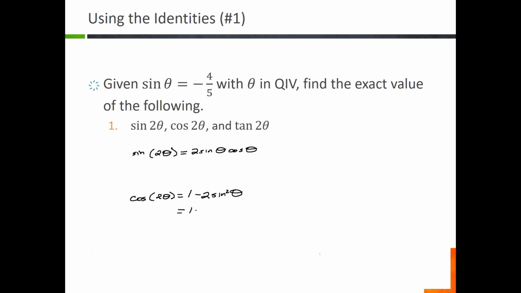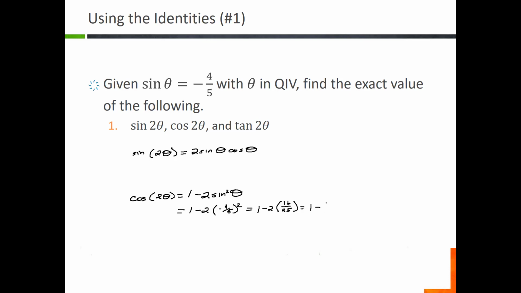We're going to have 1 minus 2 times, well, we know sine is a negative 4/5, and that has to be squared. So that's going to be 1 minus 2 times 4/5 squared, which would be 16/25. And so we have 1 minus 2 times 16/25. You just multiply the 2 in the numerator.